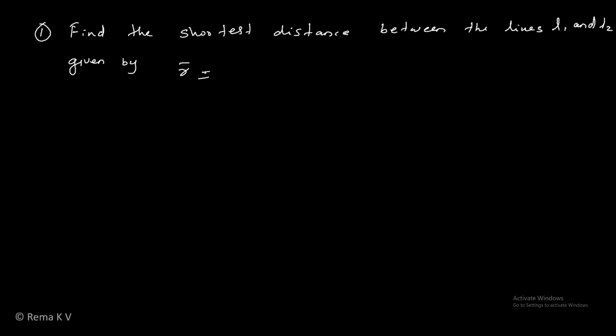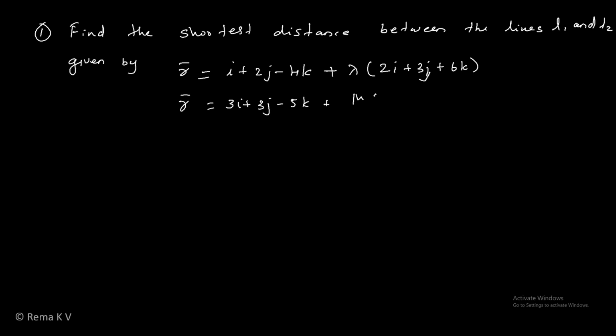vector r equals i plus 2j minus 4k plus lambda into 2i plus 3j plus 6k, and vector r equals 3i plus 3j minus 5k plus mu into 2i plus 3j plus 6k.